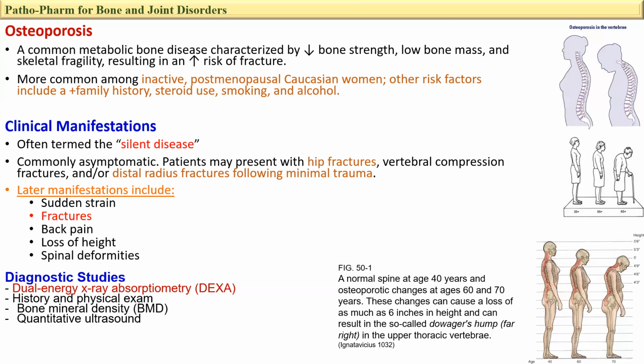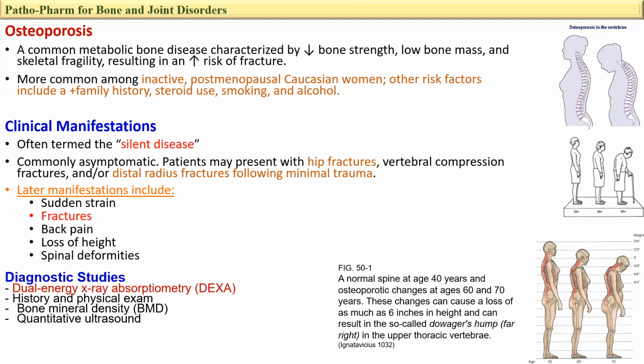And the next step will be osteopenia. The next level will be osteoporosis, and the highest level will be severe osteoporosis. For example, severe osteoporosis will be diagnosed when the patient's T-score is less than minus 2.5 with fractures.